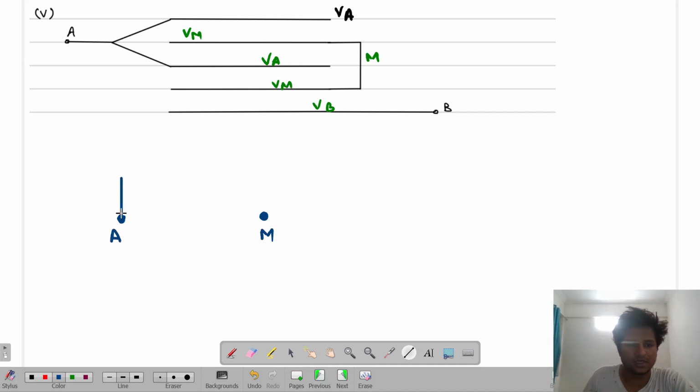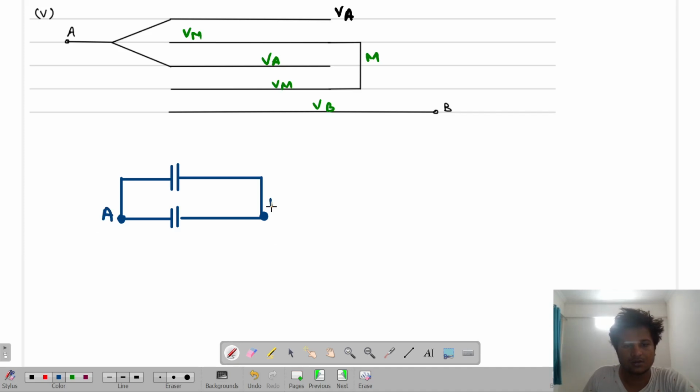So first, let us connect A to M, and if it is going to get connected with B, we will have to see later on. Then once again A to M. Why I'm marking over here and down? A, M. Then once again, third one is also A to M, isn't it?